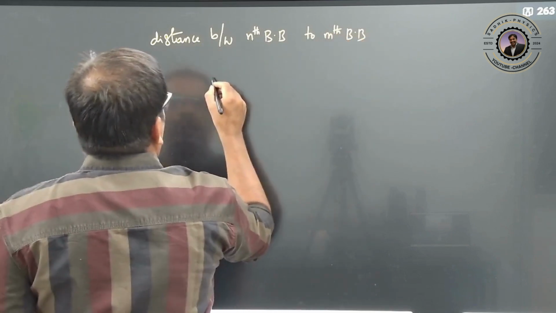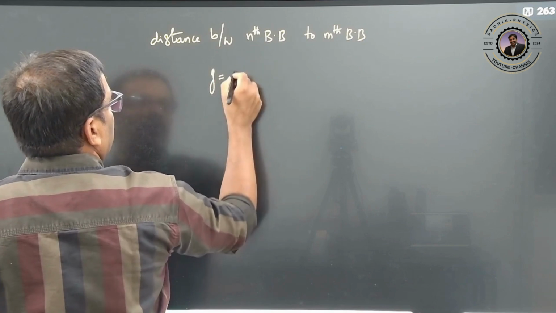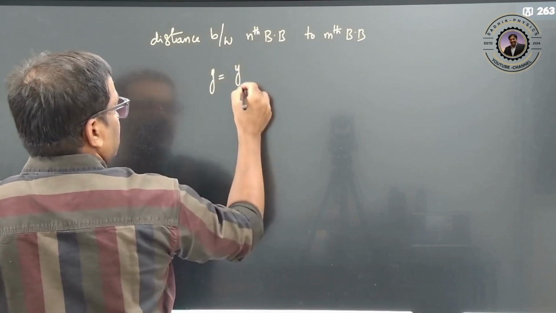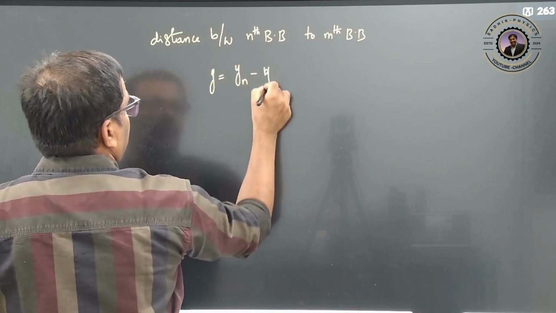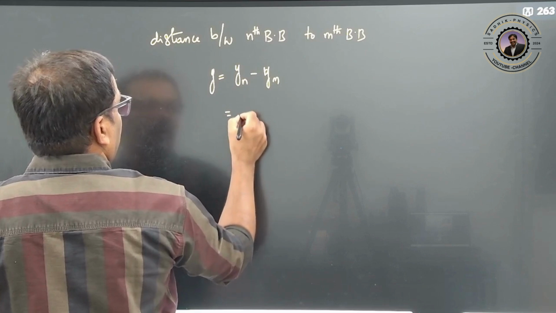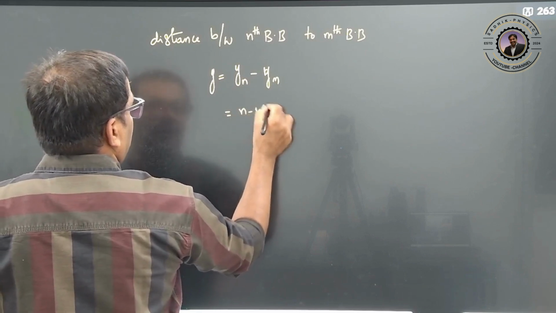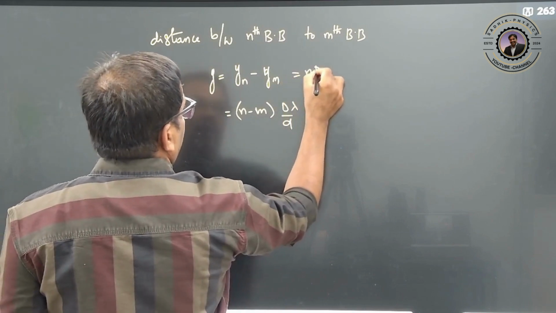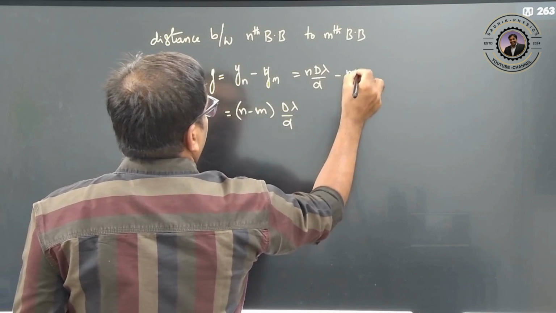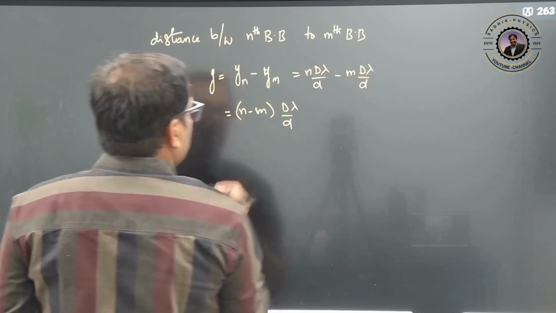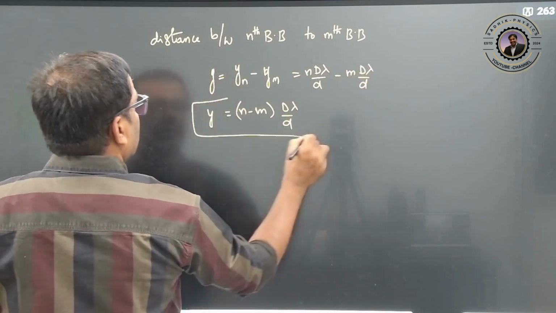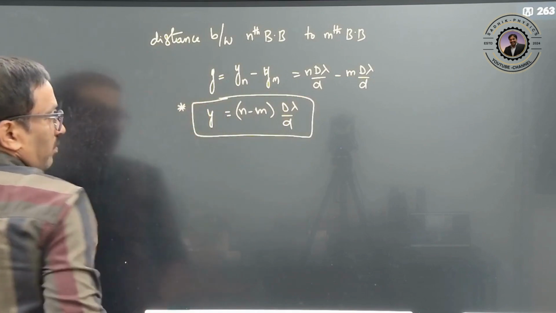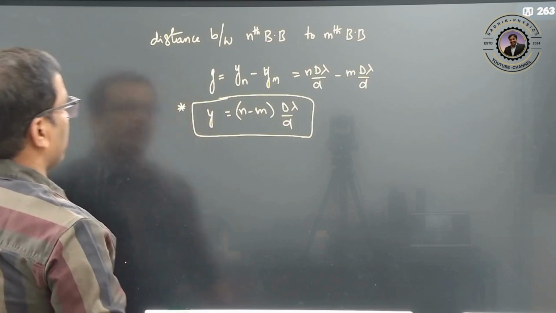How to calculate this distance? Suppose n is greater, so it will be ym. Therefore I can write n minus m into Dλ by d. So we can write n into Dλ by d minus m into Dλ by d. Clear? So this is your distance between both bright fringes.